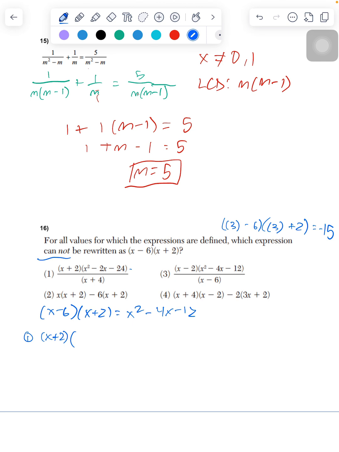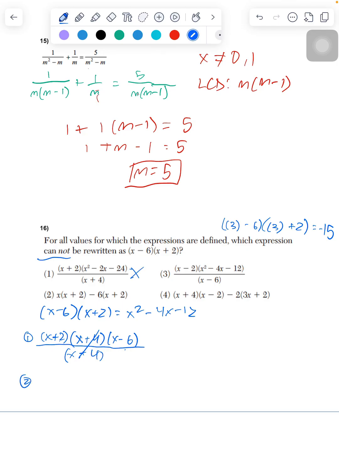Well, that's negative 4 and negative 6. So I'm going to have x minus 4 and x minus 6. Sorry, x plus 4 and x minus 6. And I'm going to have x plus 4. So that's what the first option looked like after I factor. I can cancel this out. This is x plus 2 times x minus 6, which equals this. So this is not going to be my answer.